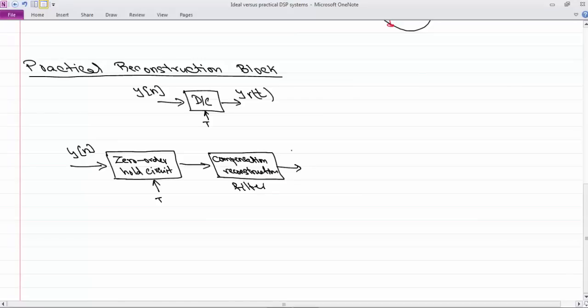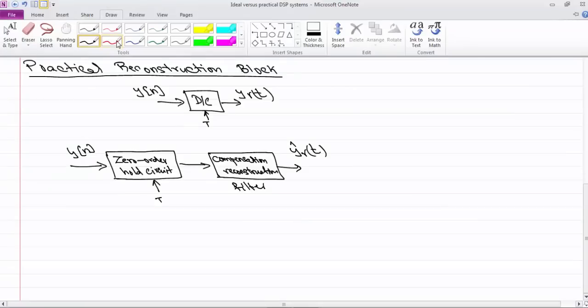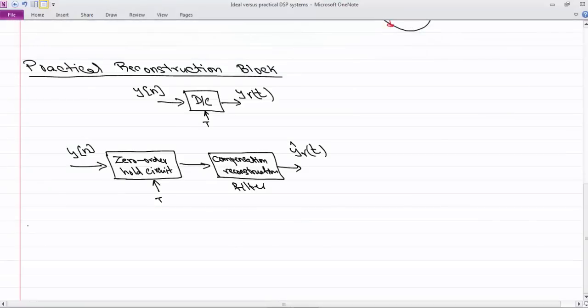And then you produce the output y hat_r(t), which is close to y_r(t), but there are going to be some imperfections in there. So let's talk about what the zero order hold circuit looks like. So the zero order hold circuit, or it's also called the staircase reconstruction.